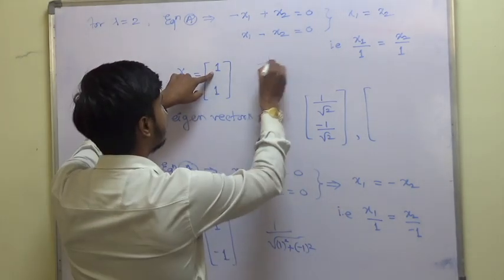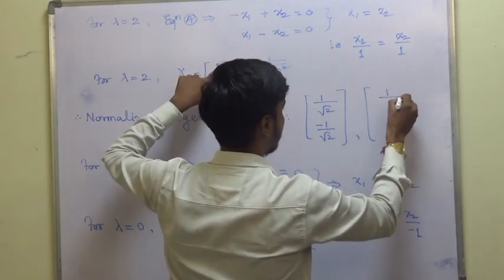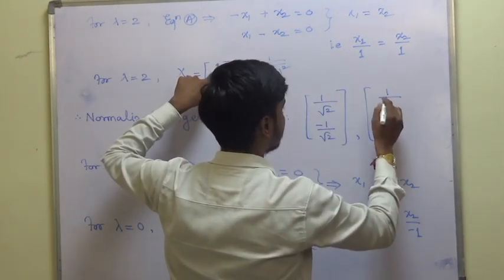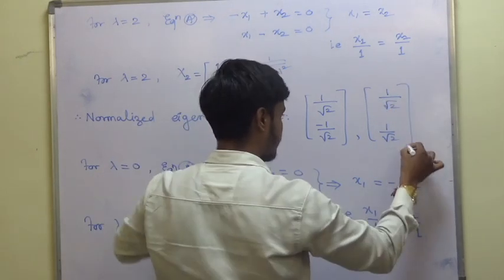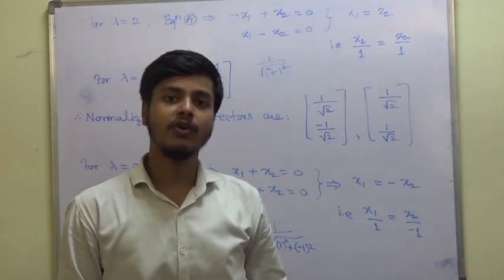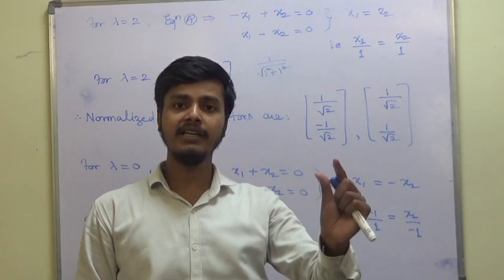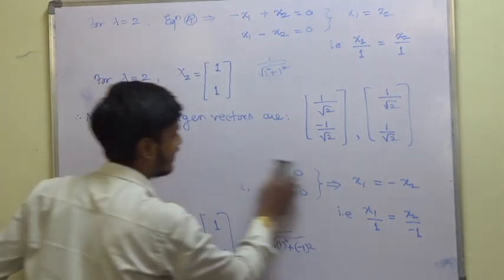Eigenvector for this is 1 upon under root of 1 square plus 1 square. So what is it? 1 by root 2, and this is also 1 by root 2. Okay. So to find out the normalized eigenvector, what you need to do is write down the element, divide by the length of the vector, precisely eigenvector.